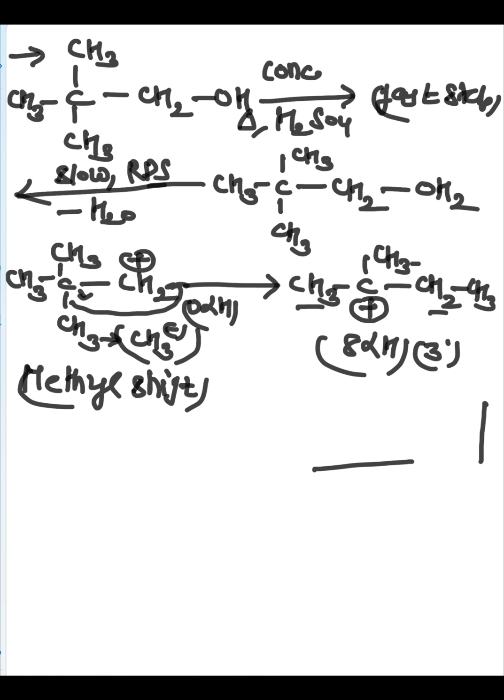अब आपके पास एक बेस होगा HSO4 माइनस बेस। आपके पास बीटा हाइड्रोजन रिमूव करने के लिए 3 टाइप के बीटा हाइड्रोजन अवेलेबल हैं इस बार, which you have to decide which one you want to remove. This beta hydrogen, this beta hydrogen, and this one as well.